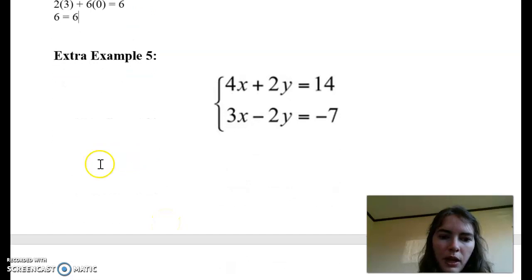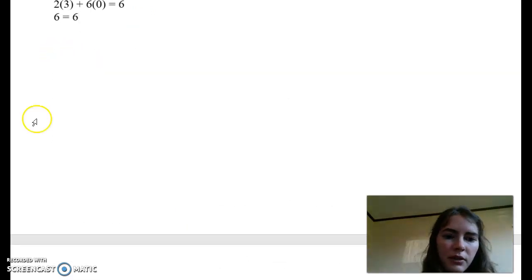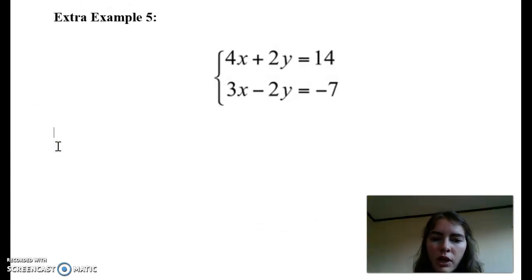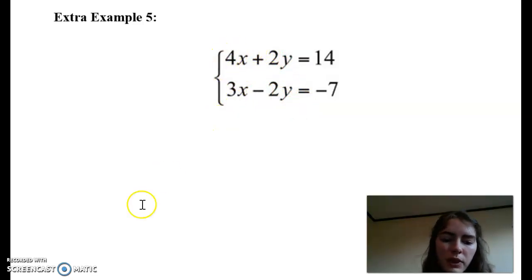Okay, and then I wanted us to look at this one here. Let's see. Let's move it down. So as you can see, this one already is going to cancel nicely for us. So we are just going to go ahead and add our terms straight down. So 4 plus 3 is going to be 7x. 2 minus 2 goes to 0. Perfect.